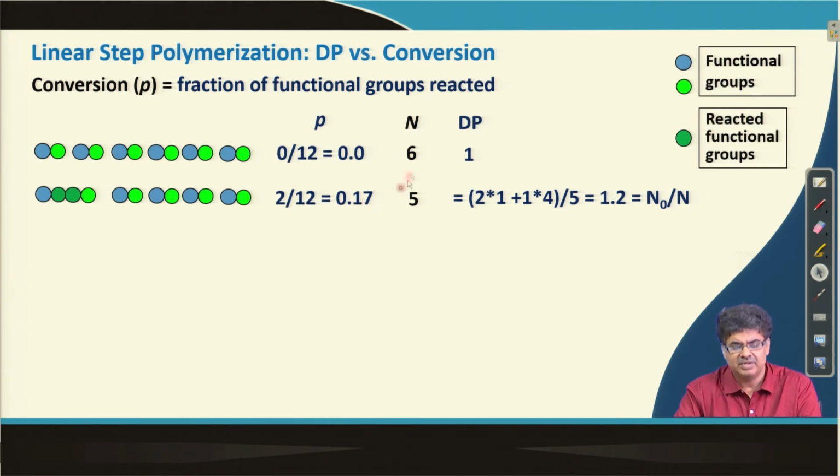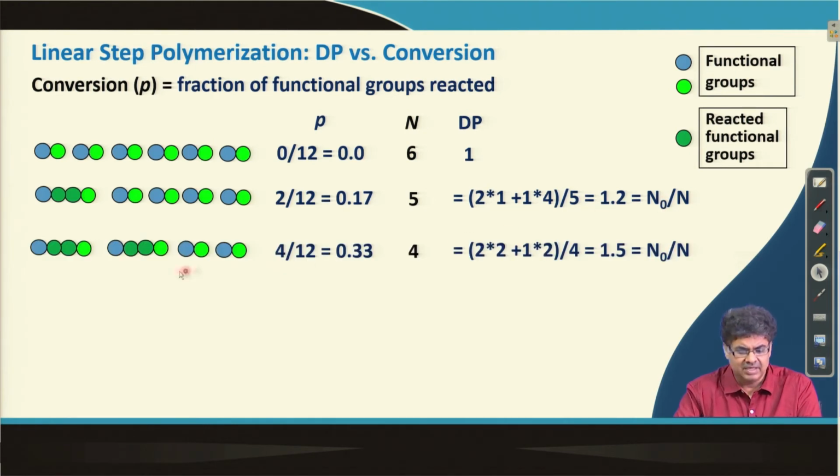My total number of molecules is 5, and the average degree of polymerization in this case is 2 into 1 such molecule plus 1 into 4 such molecules, divided by the total number of molecules, which gives 1.2. That is, the total number of initial molecules divided by the total number of present molecules, where n is the number of present molecules, and n0 is the number of molecules present at the beginning of the reaction.